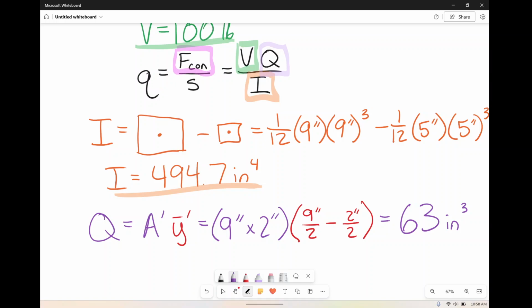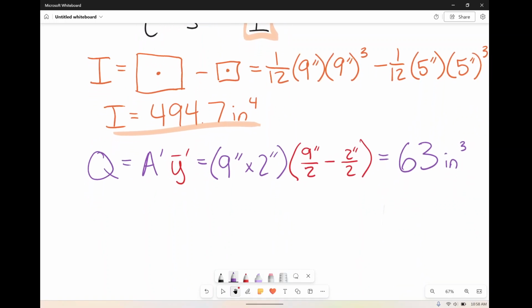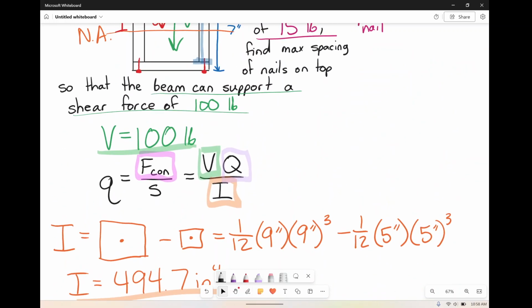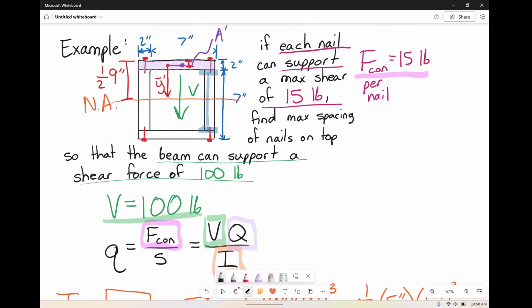So looking at our equation, we've got all of the things, correct? So let's solve for spacing. Spacing is going to be F of the connector times moment of inertia divided by V times Q. Force of the connector, we said 15 pounds per nail. How many nails across the top? 1, 2 nails.